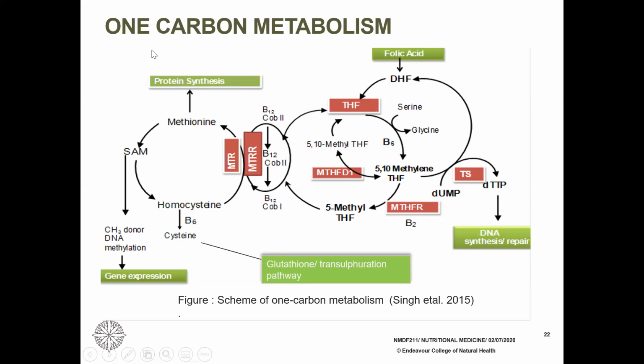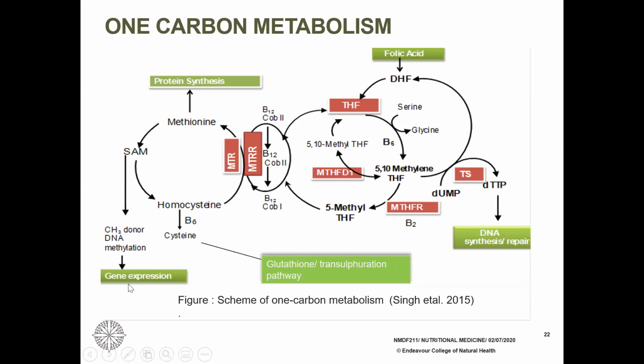Moving on, when we have reached methionine, again a very, very crucial step, because the body has to use methionine to make SAMe, S-adenosyl methionine. Why? Because SAMe goes on to participate in methylation reactions.